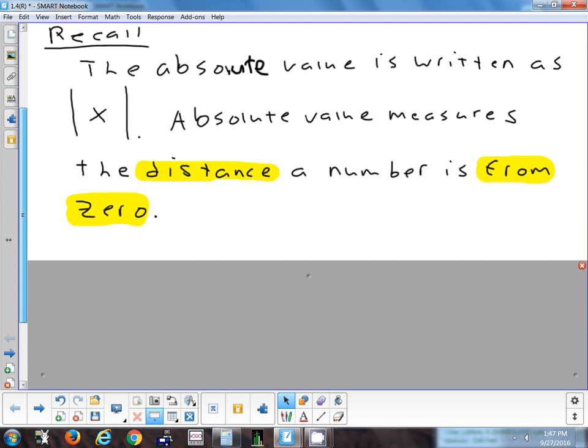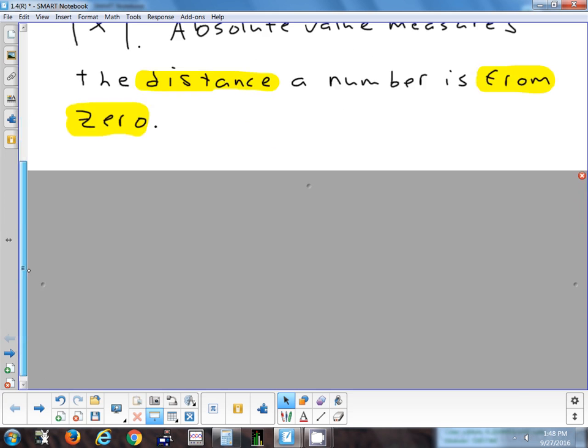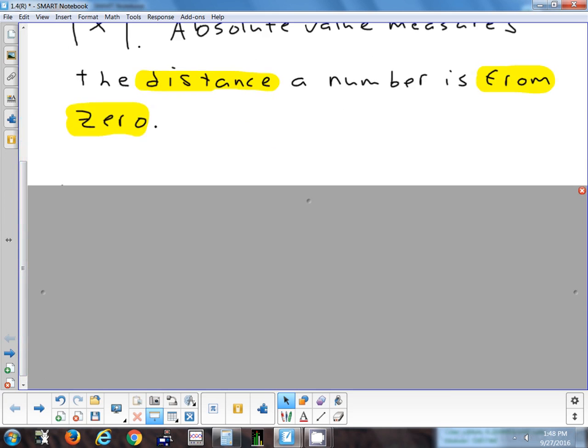You don't have to write a number is, just write distance from zero. That's what absolute value measures. Like Antonio's example was -9. The absolute value of -9, like Antonio showed us on the board, is 9.